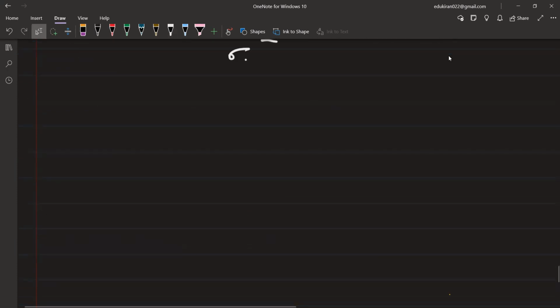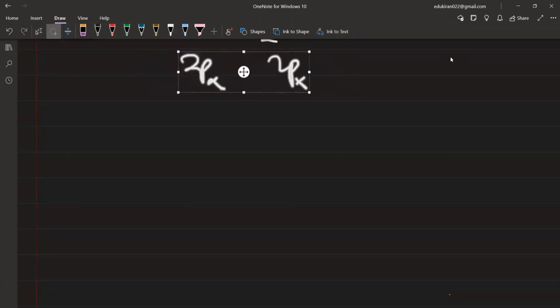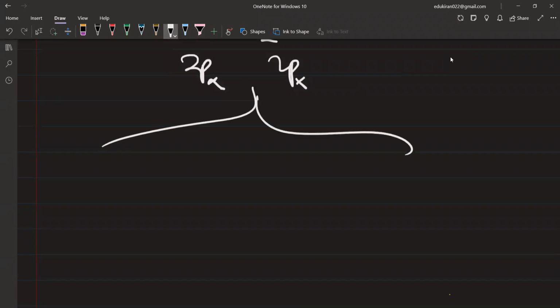Now, another thing, please see. If we are going to mix 2px and 2px, okay, 2px of one orbital and 2px of another orbital, then in this case, what is going to happen? This is an orbital. Yes or no? Please tell me, guys. Is this an orbital or subshell? What is 2px? Orbital or subshell? Orbital.